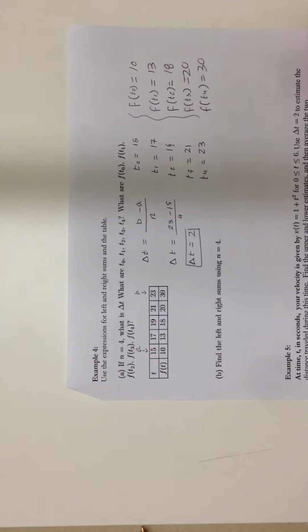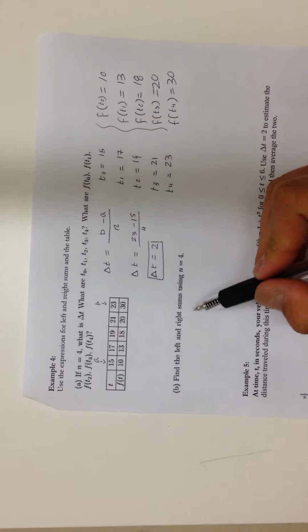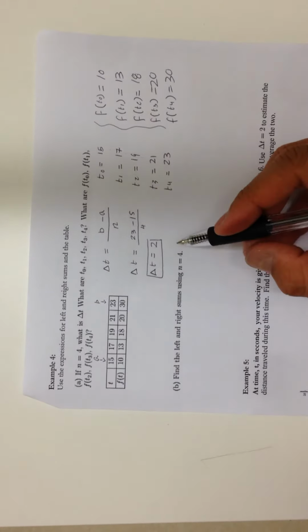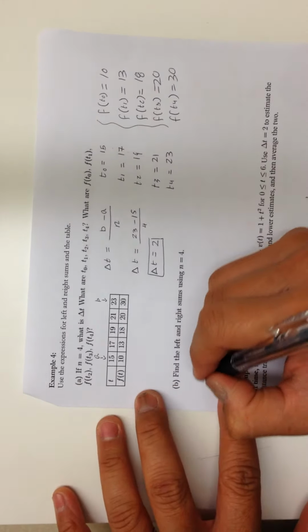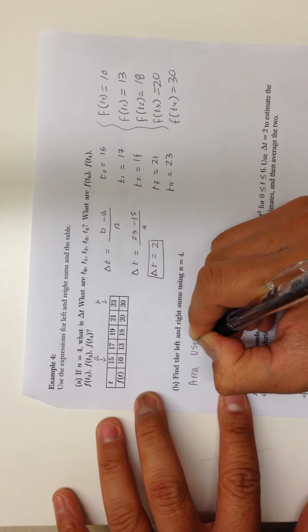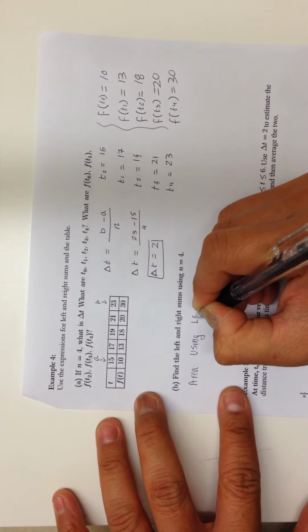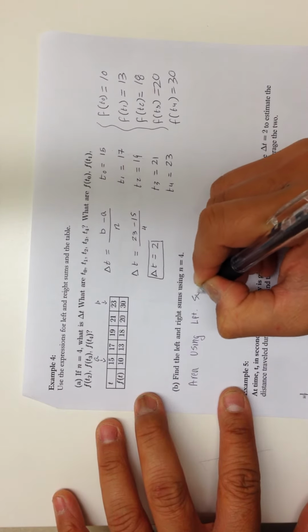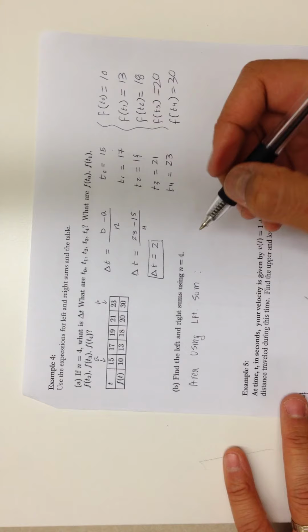All right. So it says find the left and the right sum using n equals 4. So for the left sum, so area using left sum. All right. So here's the quick way, guys.